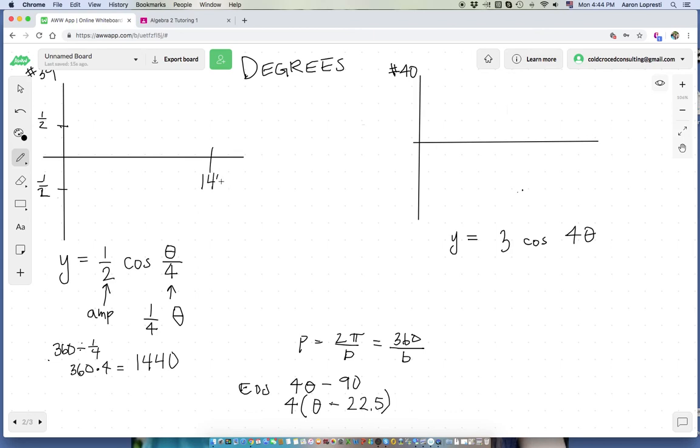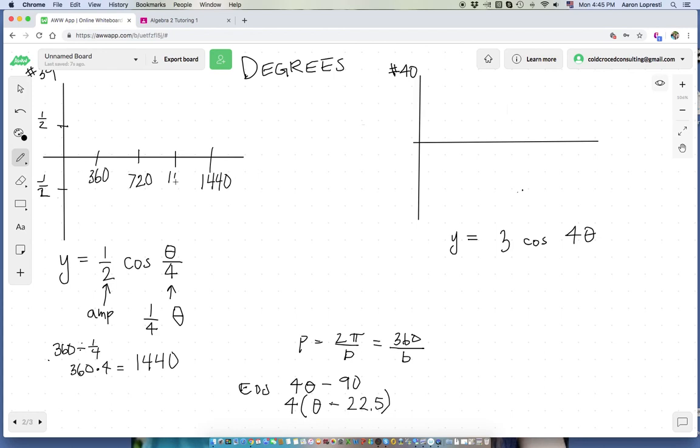So if that's 1440, the middle of that is going to be our 720. Middle of that's going to be our 360. So what would normally fit one full cycle in 360 is only going to be 1/4 of it. And then what's in between that? 1440 and 720, 1080.